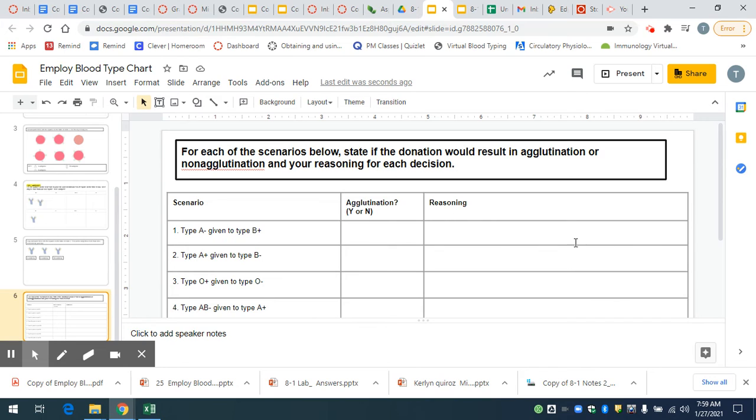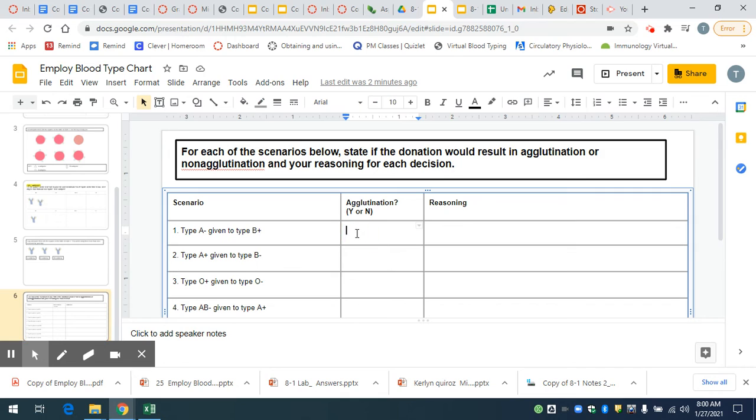You're going to tell me the reason. Don't tell me because it clumped. I want you to tell me specifically why it clumped. Let's look at number 1. You have to look at both the letter and the Rh factor because that will make a difference. Type A given to type B. Well, we know type B, they hate A, so you should know right off the bat you can't donate. So this will clump.